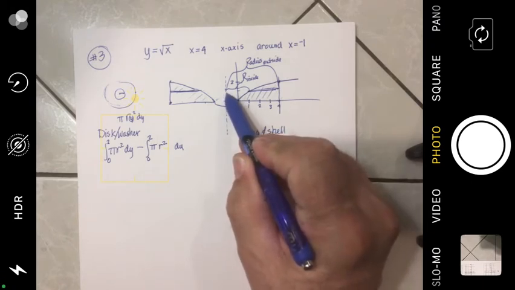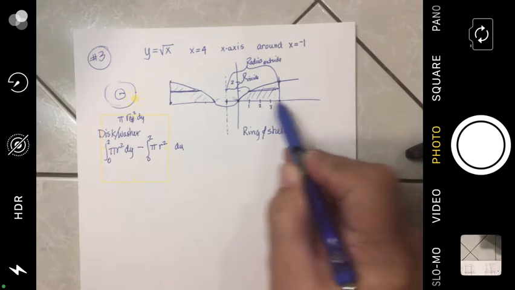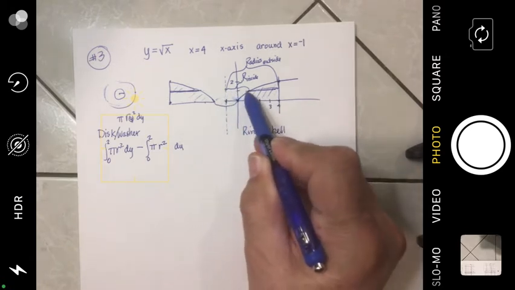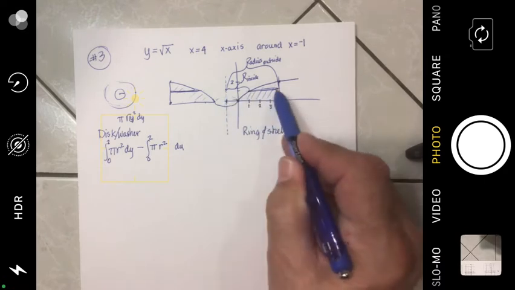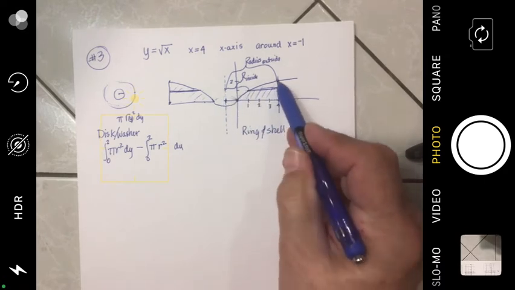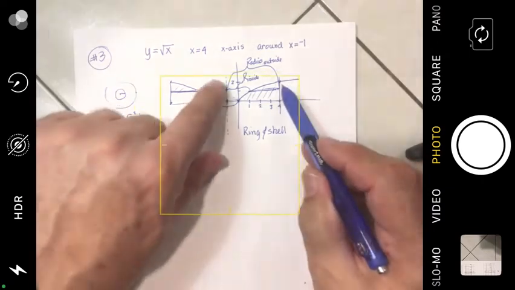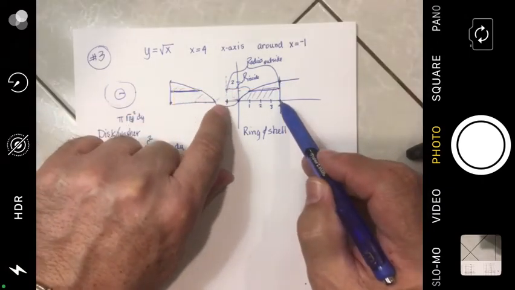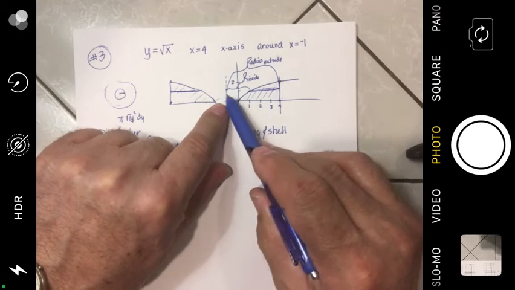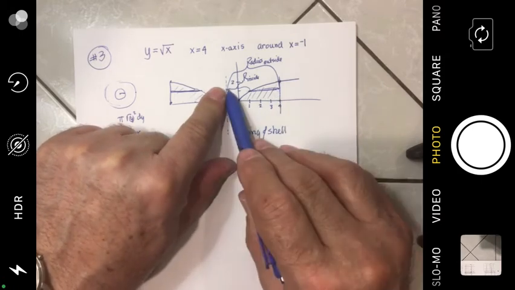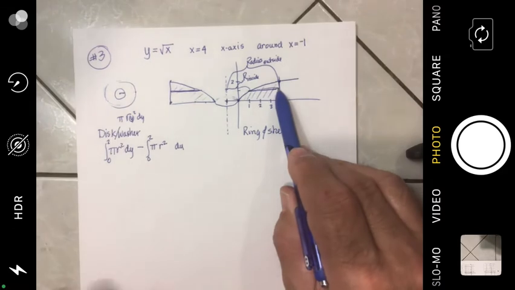What is the radius? So the radius starts here and it goes this direction. That's in the x-axis direction, so that's going to be x. And the radius out to here is going to be x, but that radius stays the same the whole time. Now this says 4, but the center is back here, so the radius is 5.